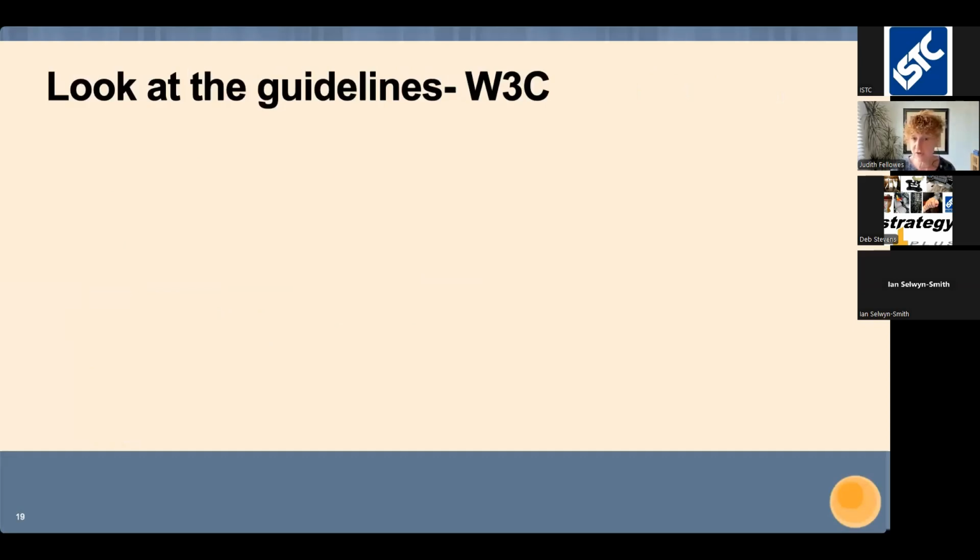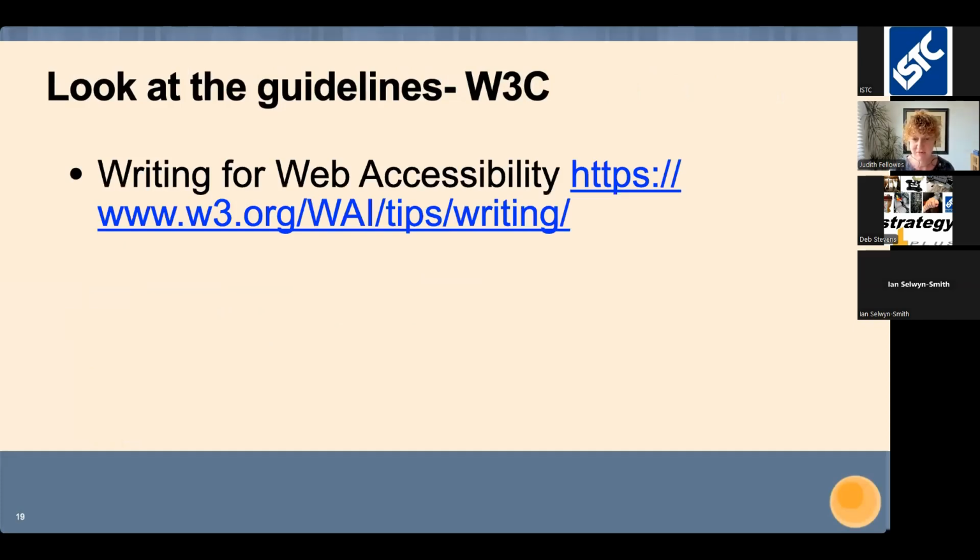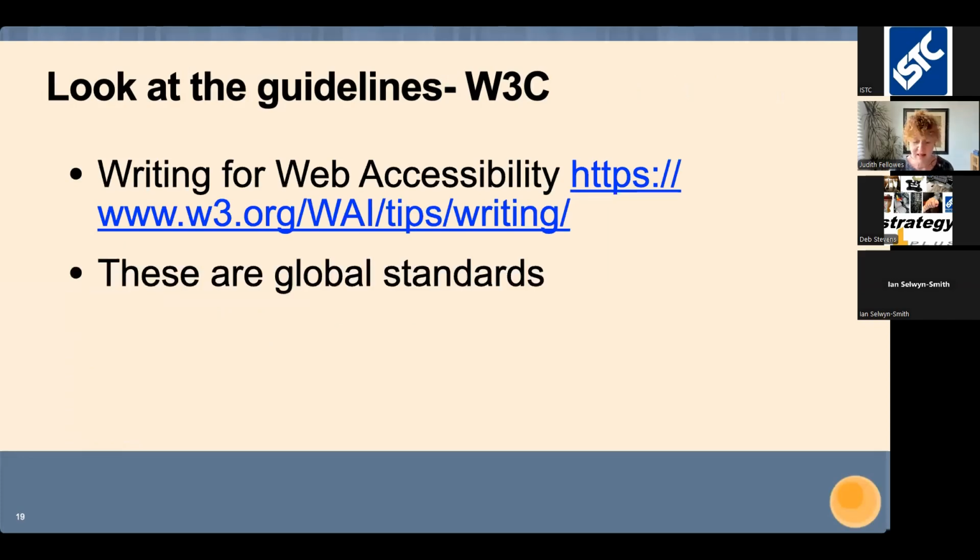Okay, so I would encourage you to look at the W3C guidelines. There's content particularly on writing for web accessibility. The key thing to be aware of here is these are global standards, so lots of very smart people have spent a long time working on this. If you're struggling to convince your stakeholders about what you need to do, it's a good idea to be able to point to global standards.